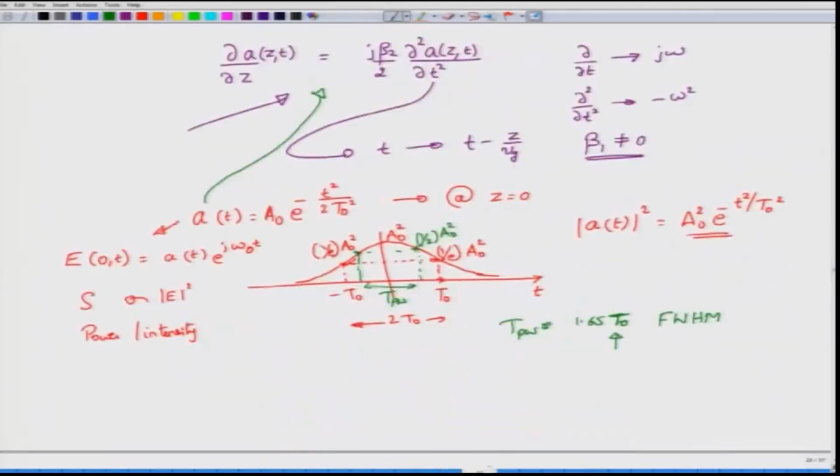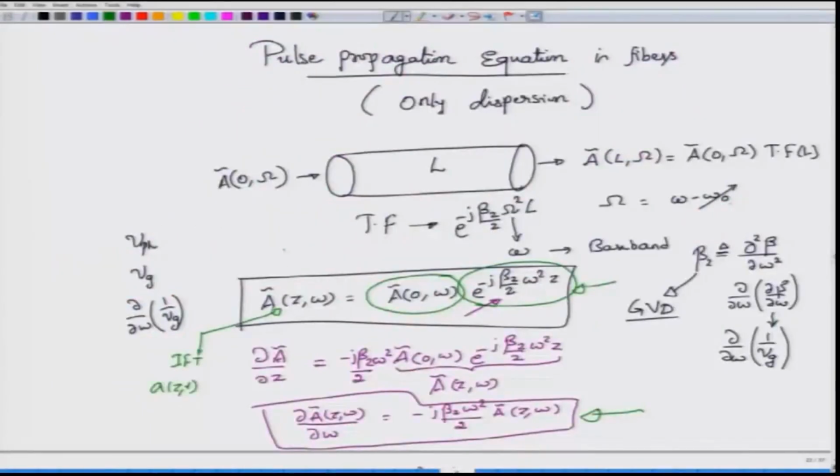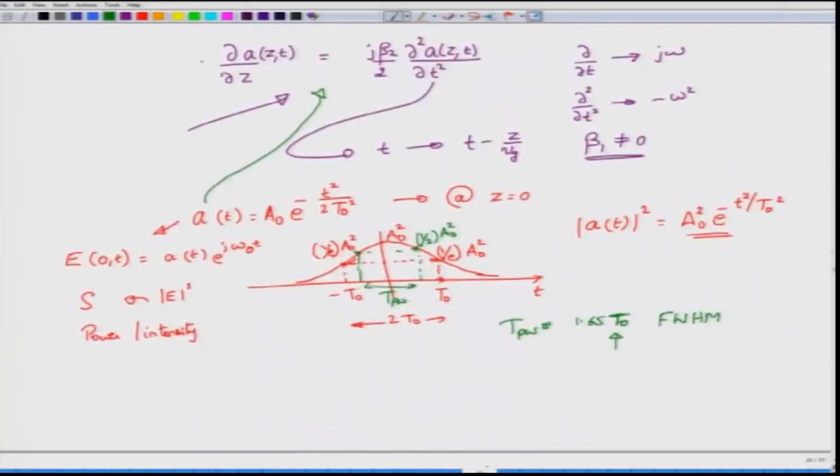I could have solved this equation, but I know how the equation has come out, so I am going to directly use that, which of course is the way of solving the equation itself. This equation is actually the solution in the frequency domain of this equation. So, we are not really doing anything fussy out there.